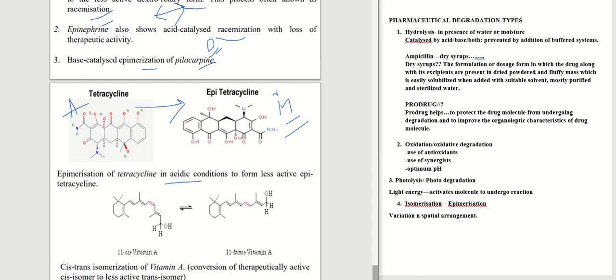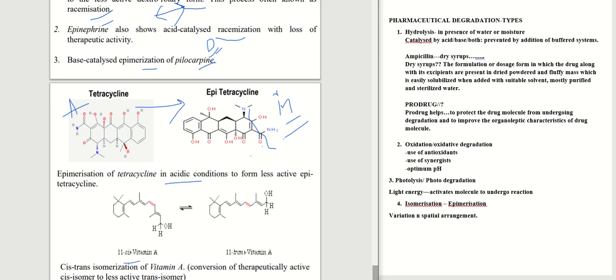It is only the arrangement of the functional groups that will change, so it got its name, epimer of tetracycline. Because of the change in the spatial arrangement, there will be a change in its activity. It becomes less active. Another classic example is vitamin A.